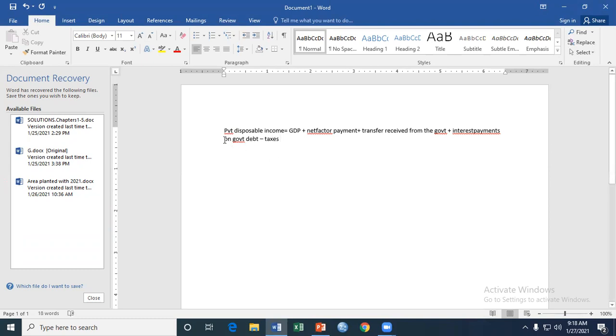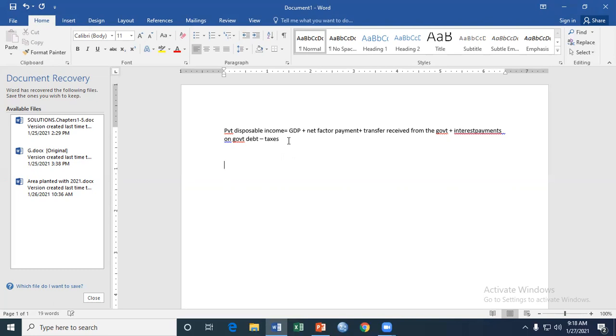So you can write these values in short form, right?